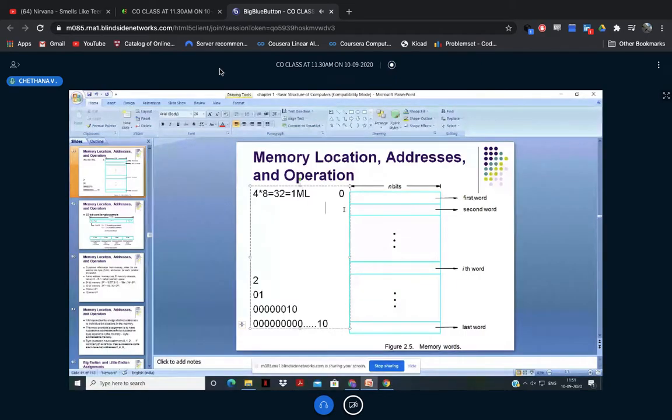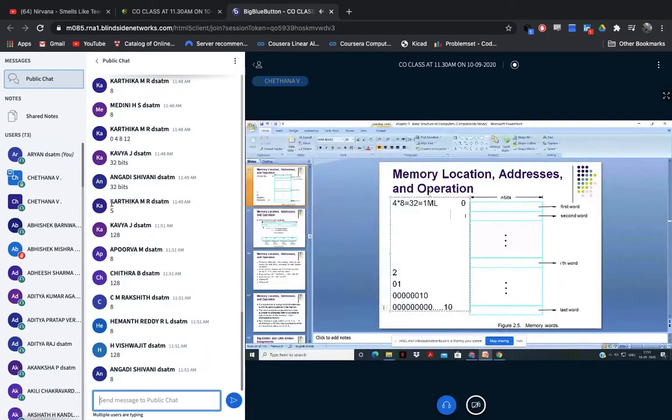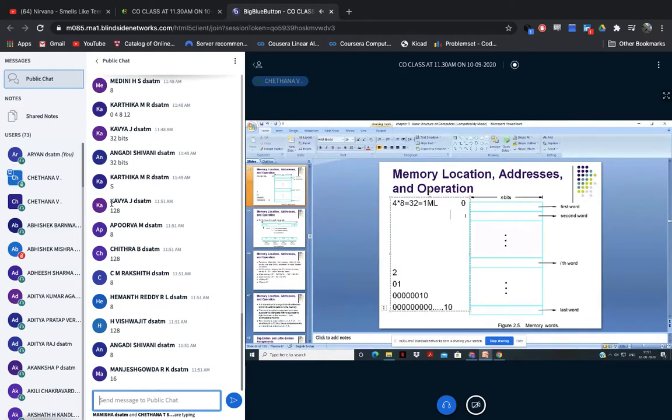Suppose 64 bits. Next location, address.